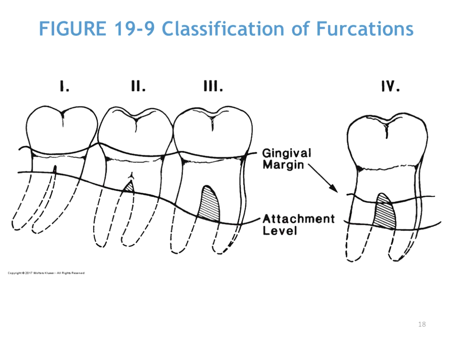So this is showing you the different classifications of furcations. Class 1 furcation here, you can just get the explorer, the probe, into the crotch of the tooth. Class 2, you can get it into the crotch of the tooth, but it doesn't go all the way through. Class 3, or grade 3, you can get it all the way through from one side to the other side, but it's covered with gingiva.